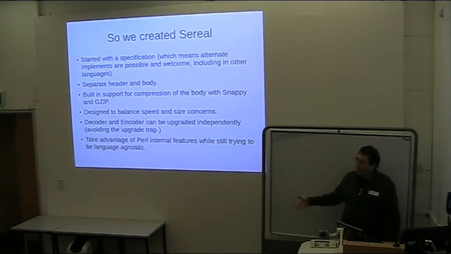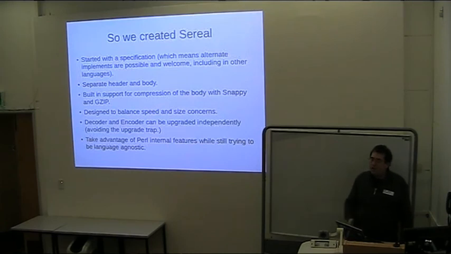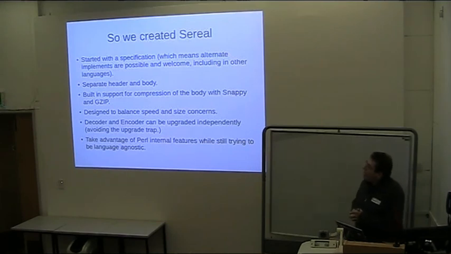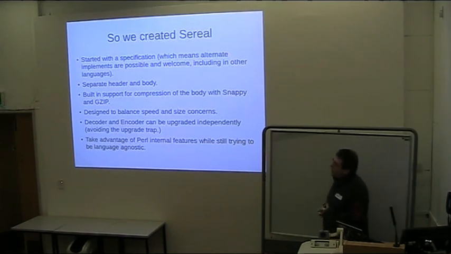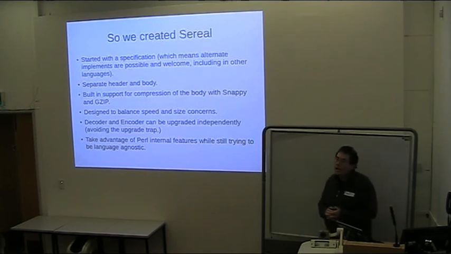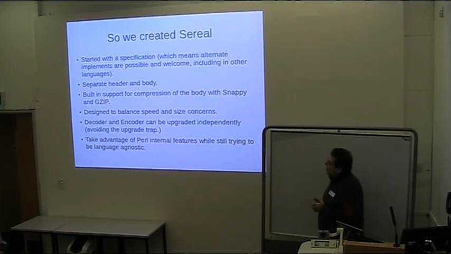So as systems switch over bit by bit, they're all prepared to read it with the decoder. Not only that, we also built support into the encoder so you can specify the version it produces. So if necessary, you can use the latest version and say, I want version 1 format so that I can talk to some system that, for some reason, can't be upgraded. It happens more often than not. Well, more often than it should, I guess.